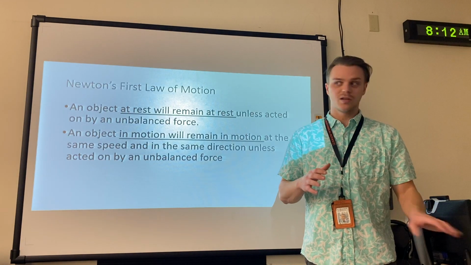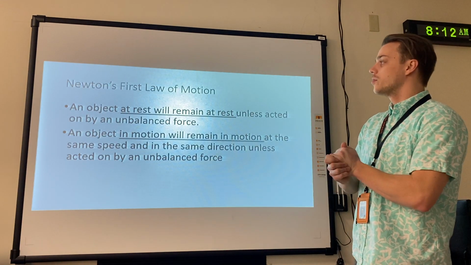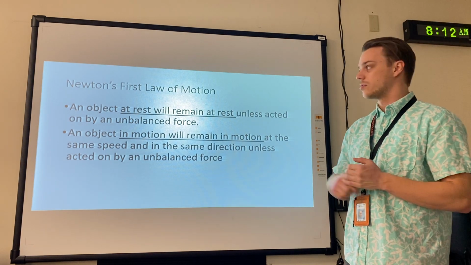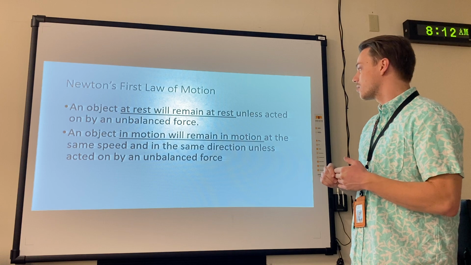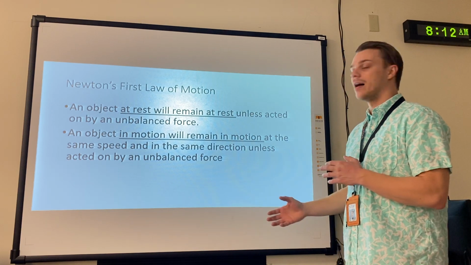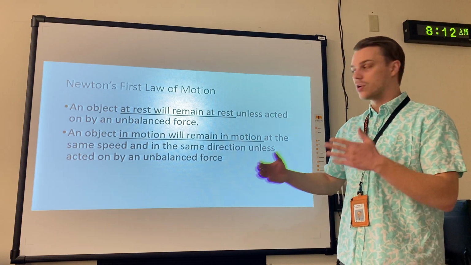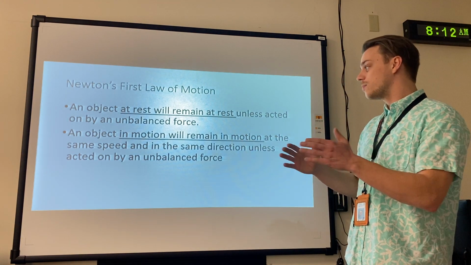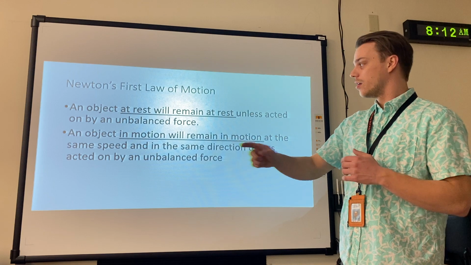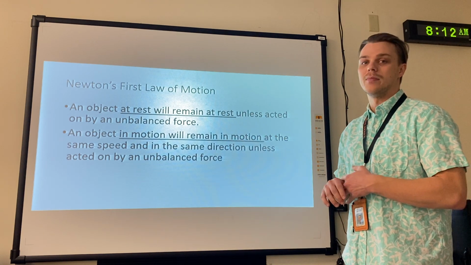So the first law of motion from Newton is as it looks. An object at rest will remain at rest unless acted upon by an unbalanced force. And also, an object in motion will remain in motion at that same speed and in that same direction unless acted on by an unbalanced force.